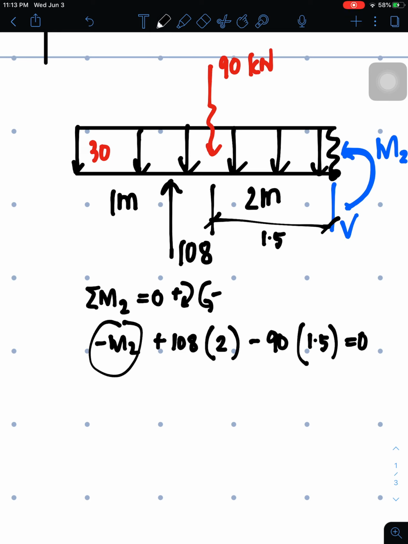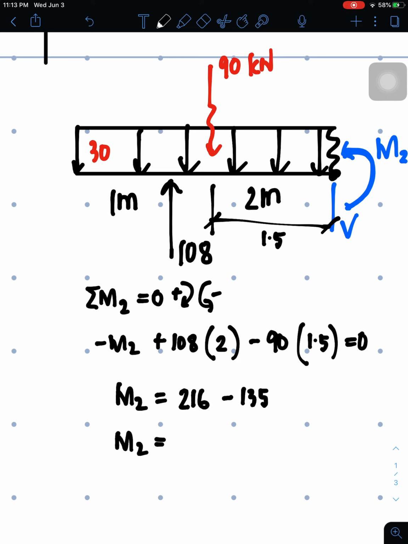So we're going to transpose this M2 to the other side para mahimong positive. So positive na siya. 108 times 2. So 108 times 2 is 216. Minus 90 times 1.5. It's 135. Then M2 here, we're expecting an 81 value sa M2. 216 minus 135.